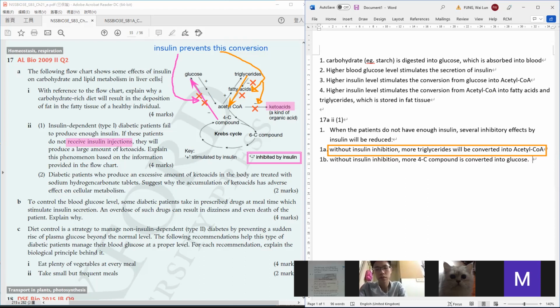So the concentration of 4C compound is reduced. You have less 4C compound now.